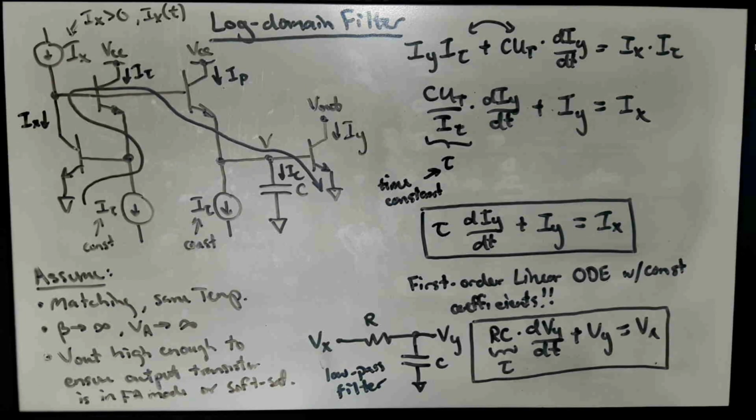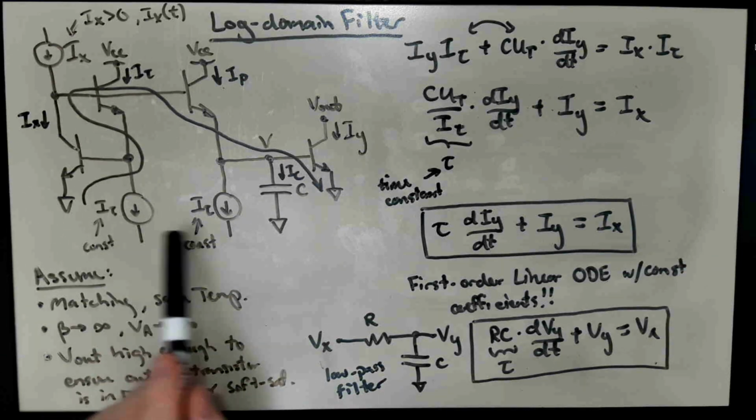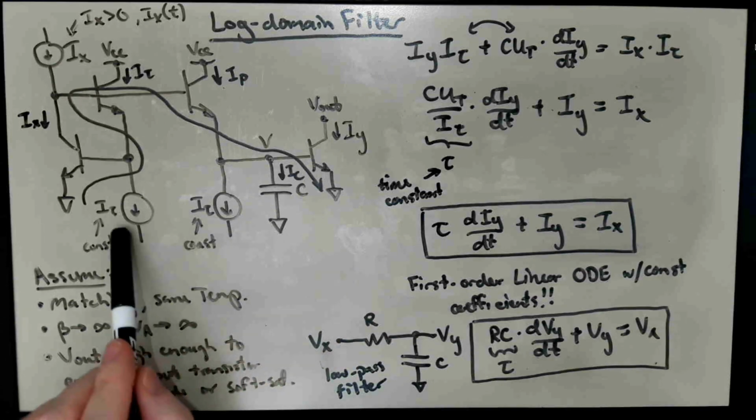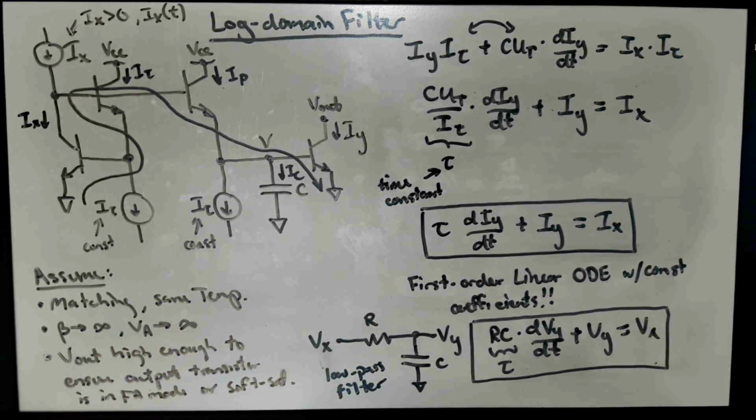That's a 6th order of magnitude tuning range. If I bias these currents down here for, let's say, a picofarad capacitor, if I bias these currents down here at a nanoamp, I'll have something that has cutoff frequencies maybe in the audio range, in the kilohertz range or something like that, or hundreds of hertz.